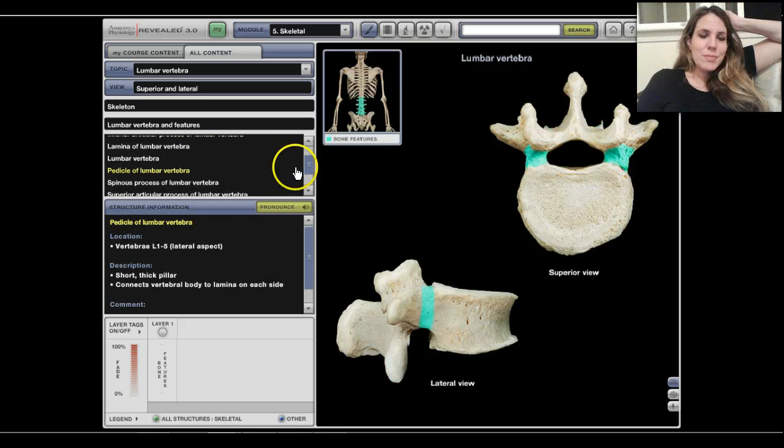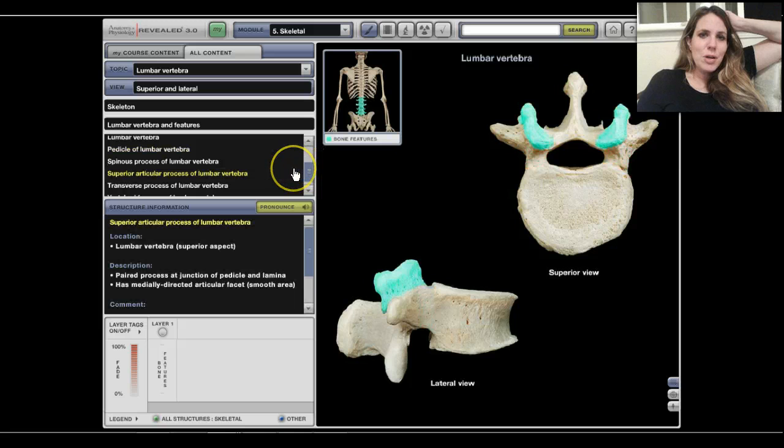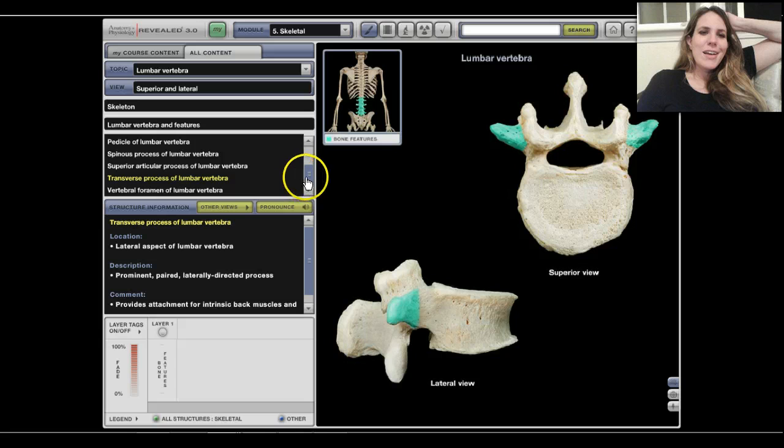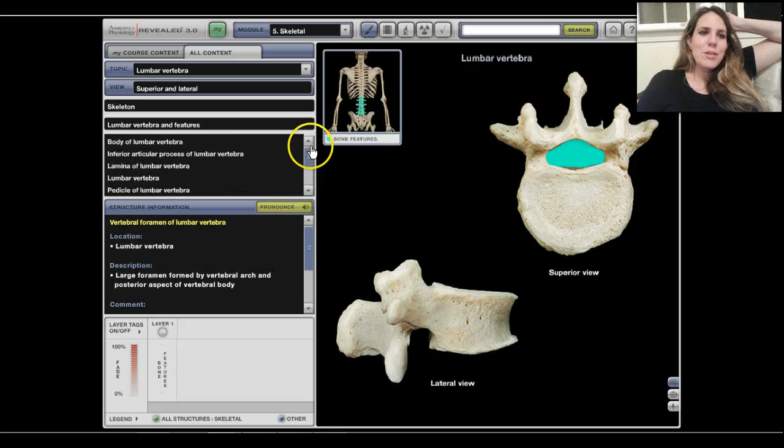Your pedicles, your superior articular facets, your transverse process, and you already know your vertebral foramen. So that's all pretty much the same as everything you've learned. So the only weird ones are those thoracic, and we'll study the ribs so you can see kind of how those are going to articulate.